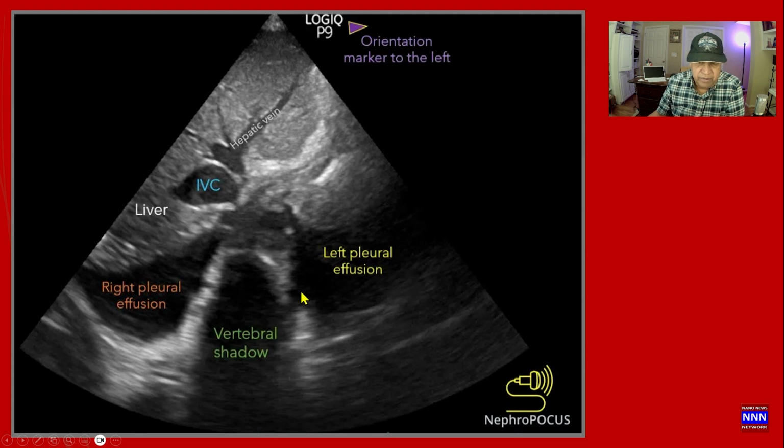We don't see this image in cardiac studies, but in focused ultrasound they are looking for the inferior vena cava size and the presence of pleural effusions. This is a good image to look at the cross-section at the IVC at the hepatic vein level.